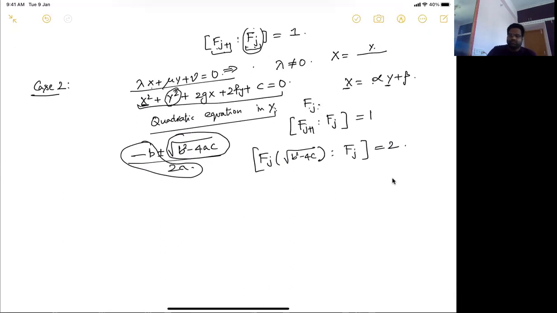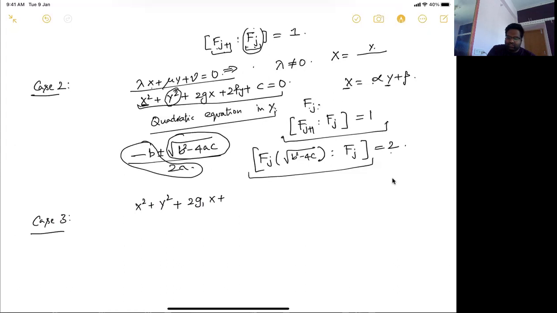So in the case of the intersection of a circle and a straight line, the degree of extension either increases by a factor of 2 or it remains the same. Now case 3: you have two equations, namely the intersection of two circles. x square plus y square plus 2g1x plus 2f1y plus c1 is equal to 0, and x square plus y square plus 2g2x plus 2f2y plus c2 is equal to 0.